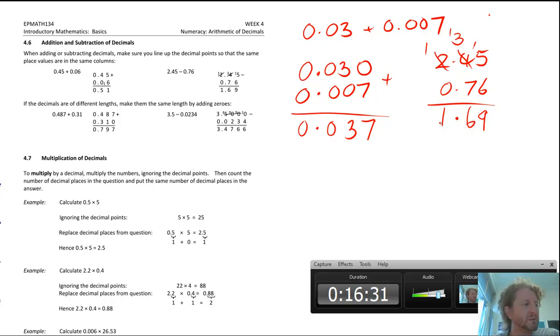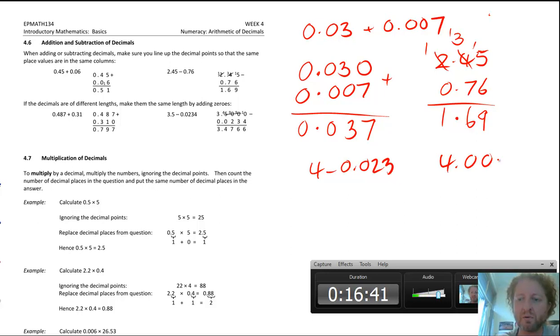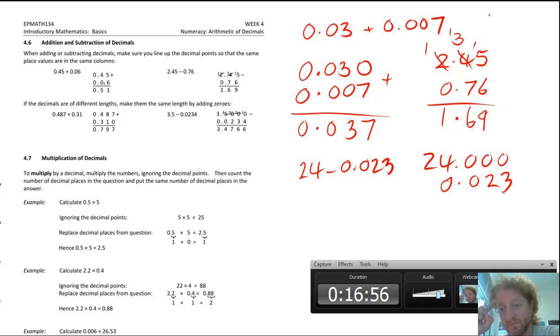Is there an extreme example in that? Maybe 4 minus 0.023, and all I do there is make sure I write the 4 as a decimal with 3 decimal places, so it matches. Let's make it 24, just to show that I'm not just aligning the left, no, I'm aligning the decimal places. Okay, I could put a naught there, but there's no need.